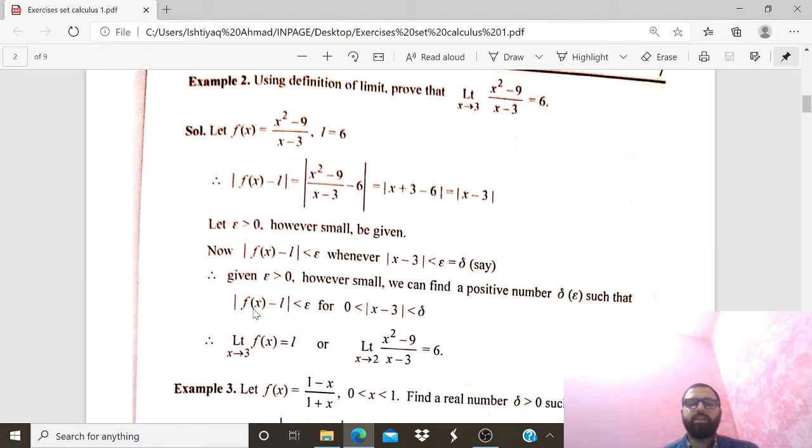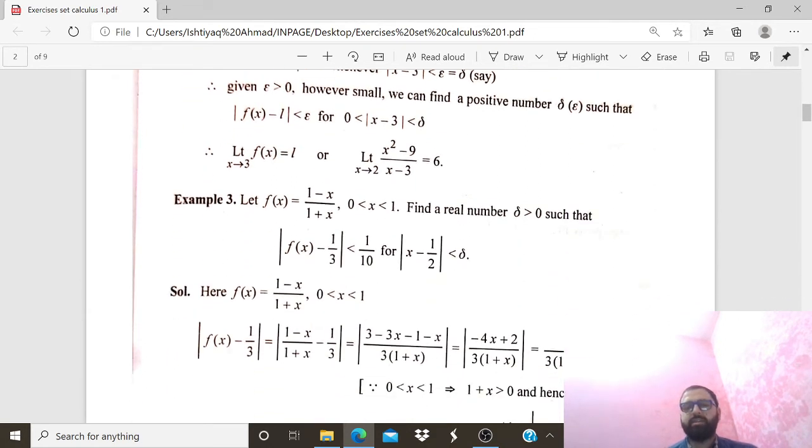If you revisit the definition, it says that when this happens, the limit of the function f(x) at the point must be equal to L. So when x approaches 2 in this function, the limit must be equal to 6. This was a similar sort of thing there also.